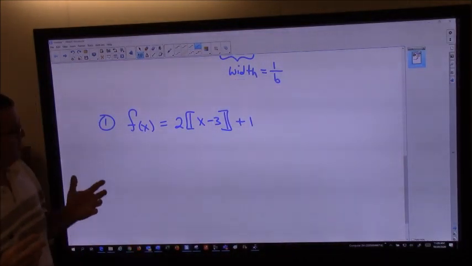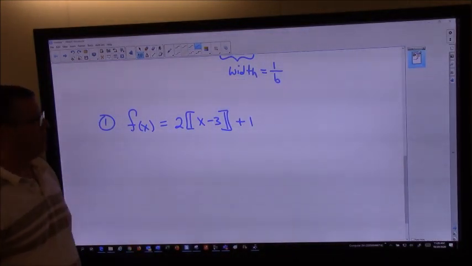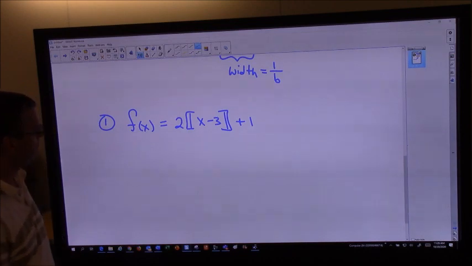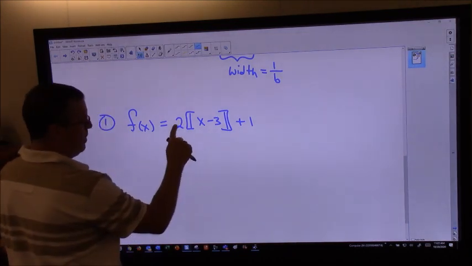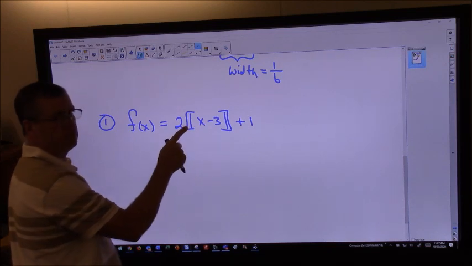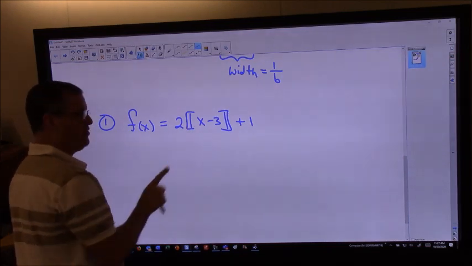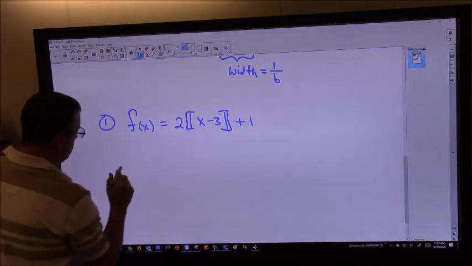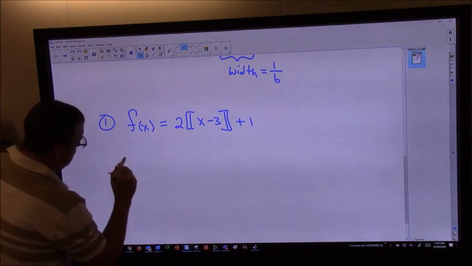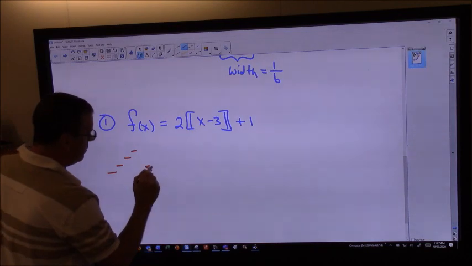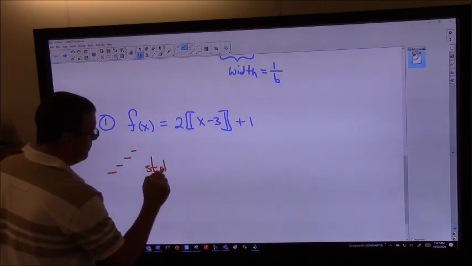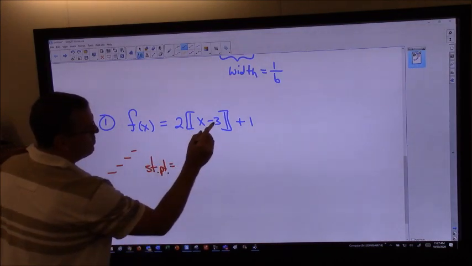All right, so we'll do this first one together, and then if you guys want to try on your own. All right, so when I look at this, a and b are both positive. That means positive times positive is a positive slope, so my steps need to go like this. Okay? My starting point is at 3, 1.